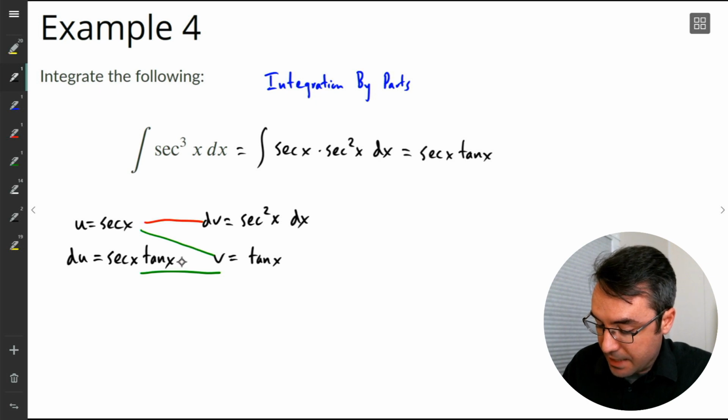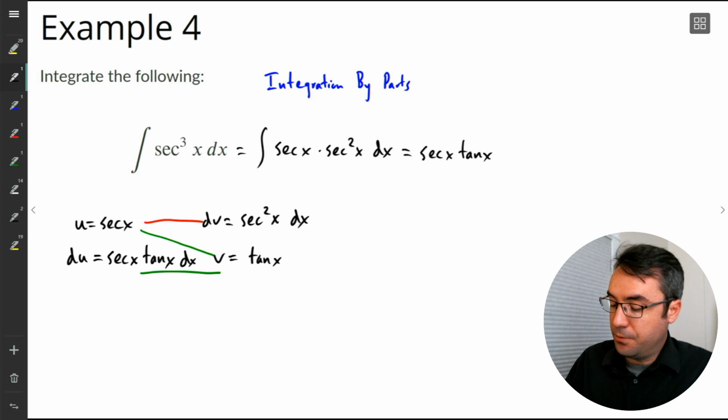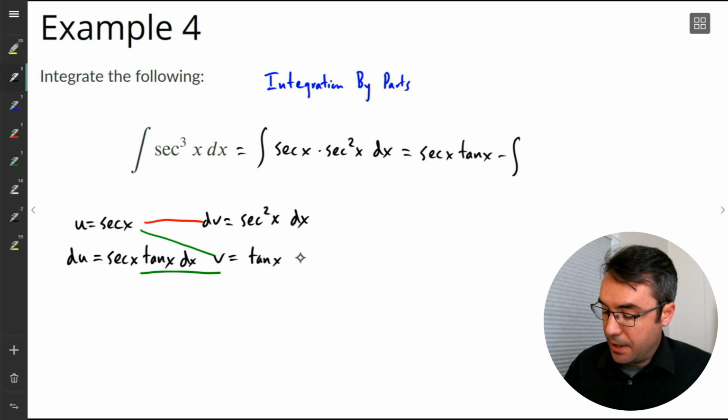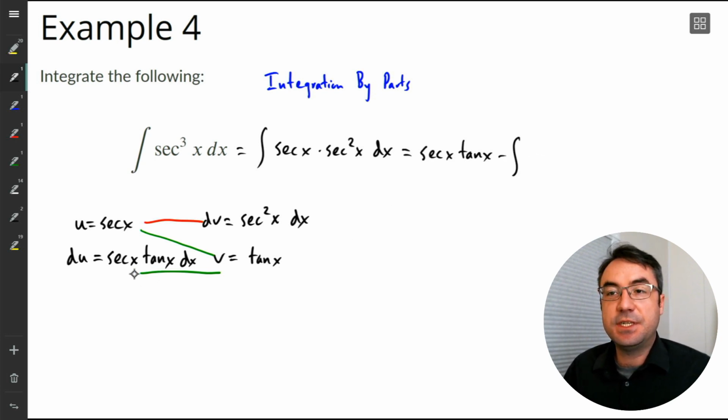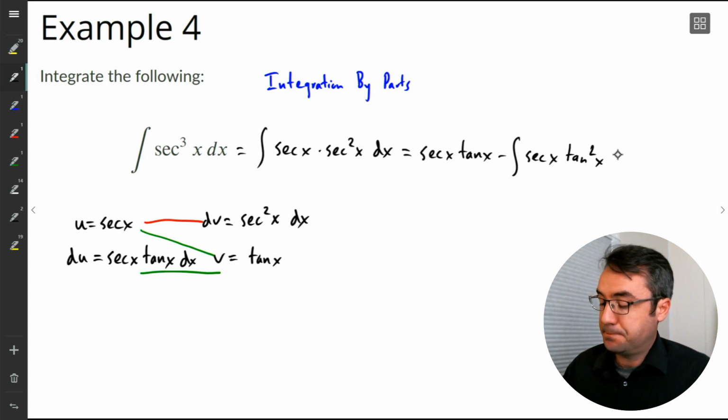And I'm forgetting my dx here, so let's make sure we put that in. So we're going to do minus the integral of tangent times secant times tangent dx. So we're going to end up with secant x tan squared x.